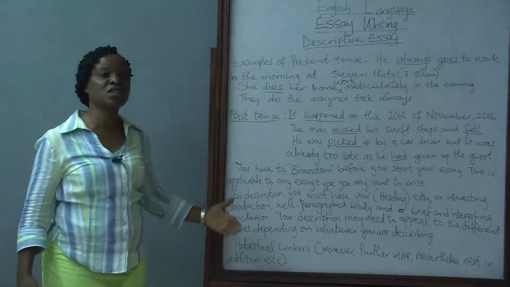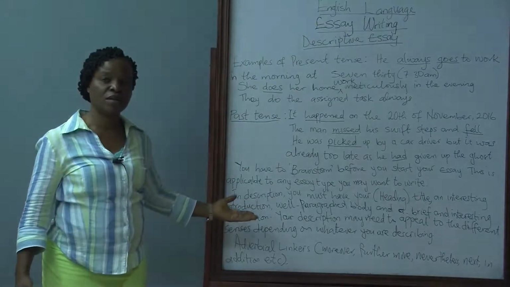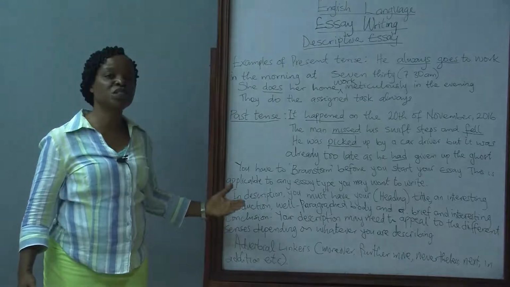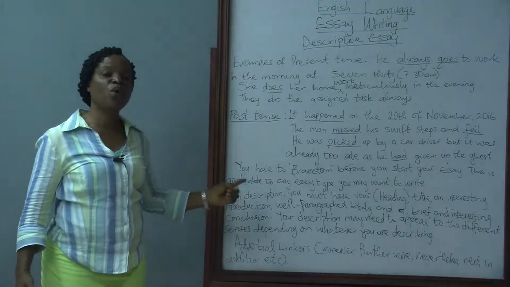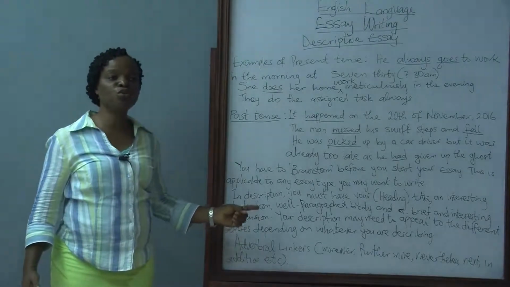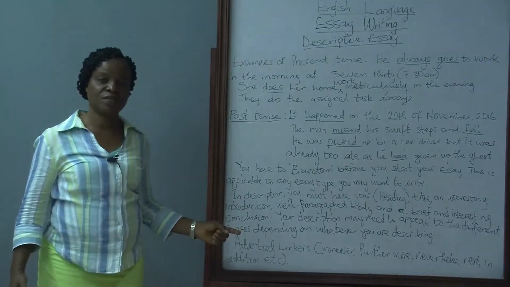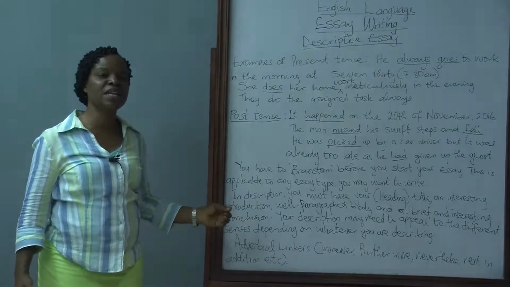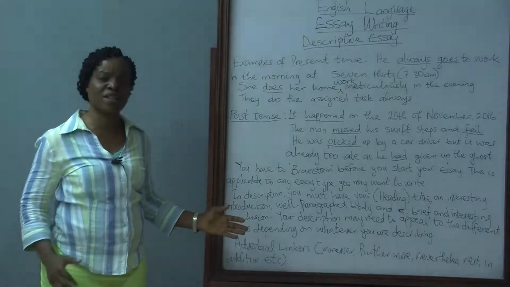It is like you're discussing from the foregoing, so you want to say moreover or furthermore. So you'll be using words like that to link the paragraphs to one another. Okay? And the way to know a good description is in its coherence, when the paragraphs are neatly packed together in coherence.